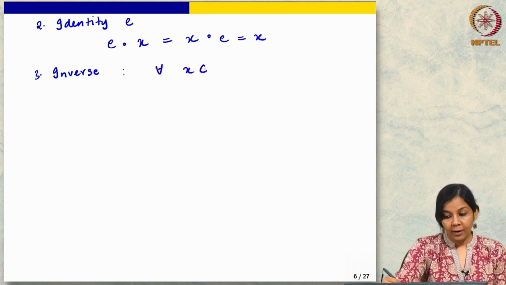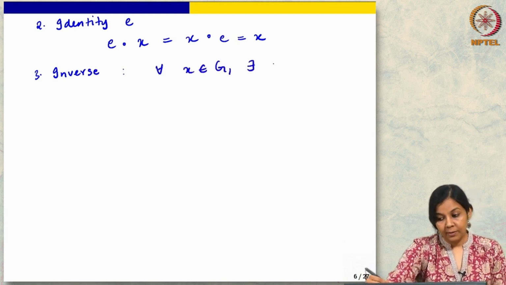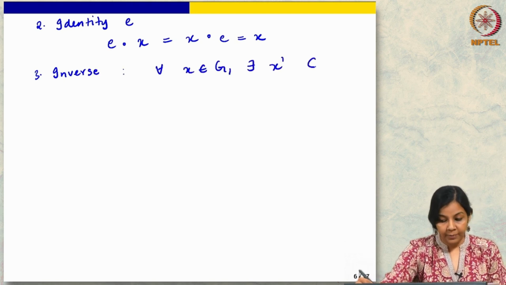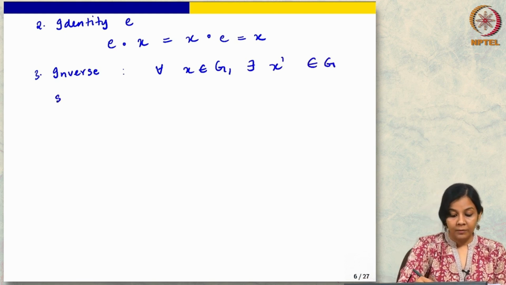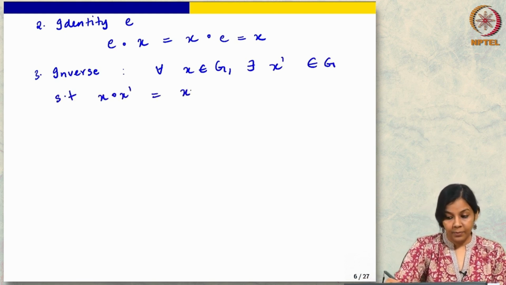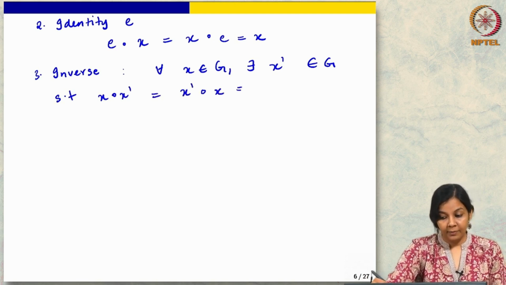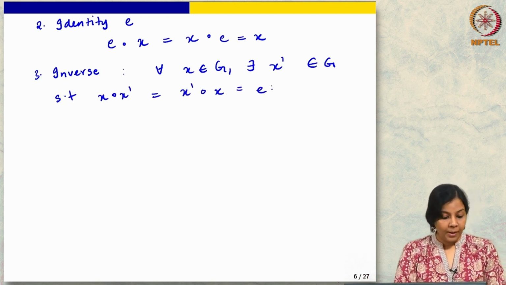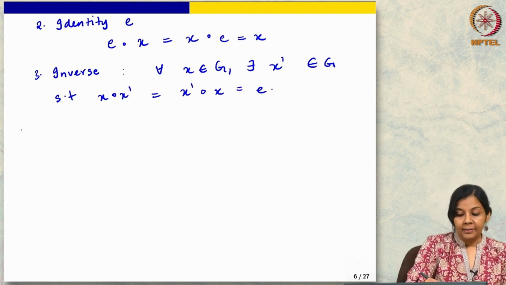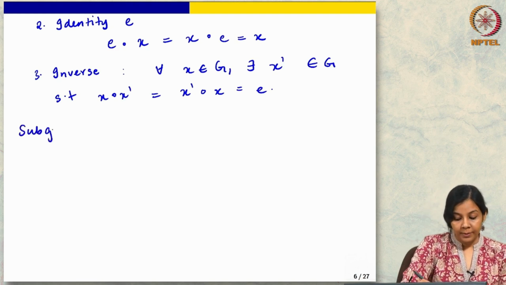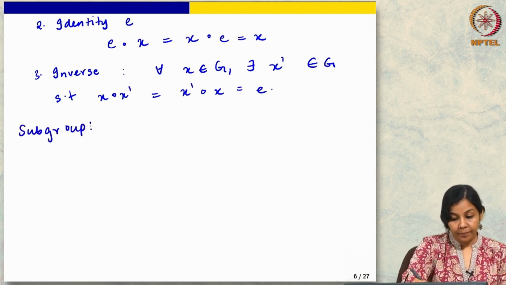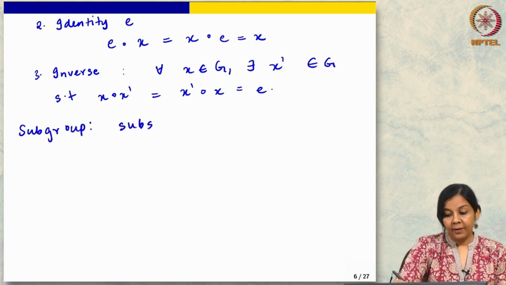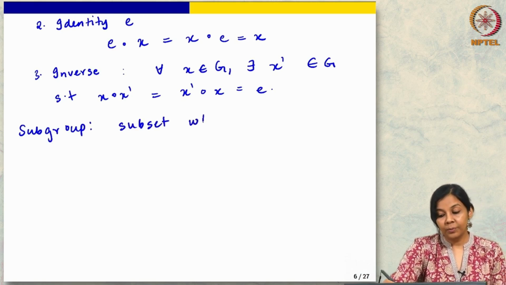So, for all X in G, there exists an inverse X prime in G such that X prime X is equal to E. Okay. And a subgroup is a subset which is also a group.